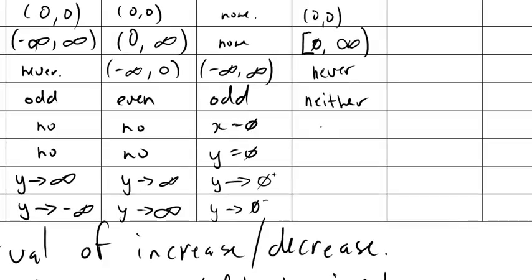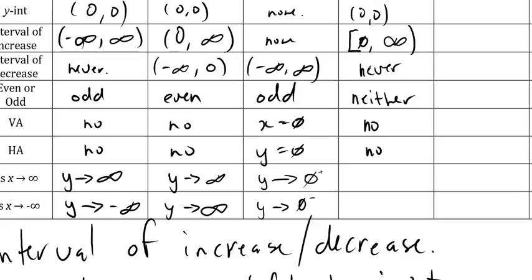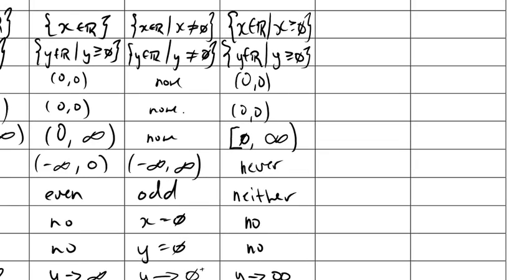So nope, nope. And as x goes to infinity, y goes to positive infinity, and x does not go to negative infinity, so it doesn't have end behavior on the other side. It doesn't go to negative infinity, so you wouldn't call that end behavior. It doesn't go towards 0, it is 0 at 0 and stops.